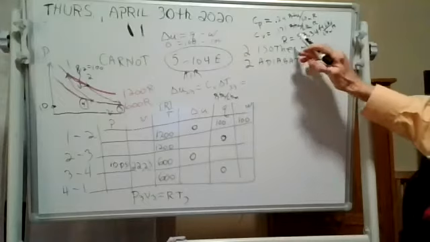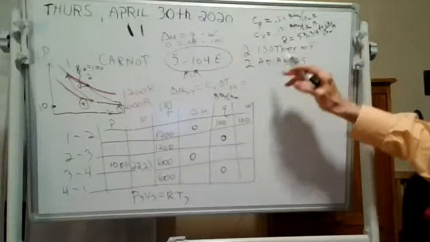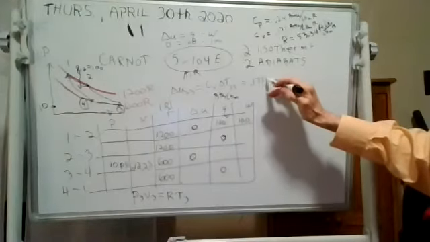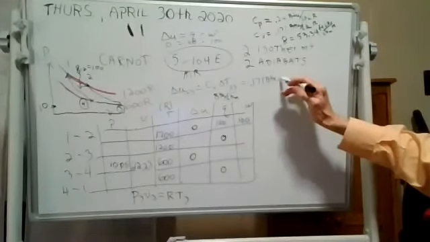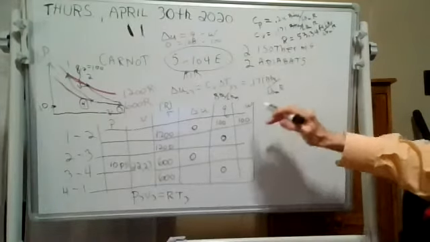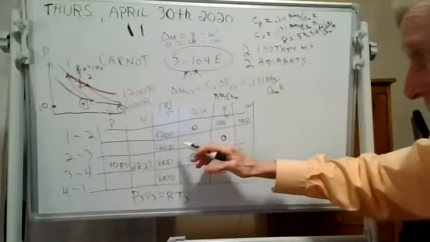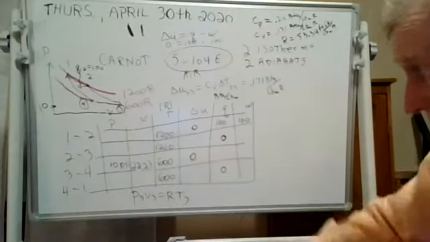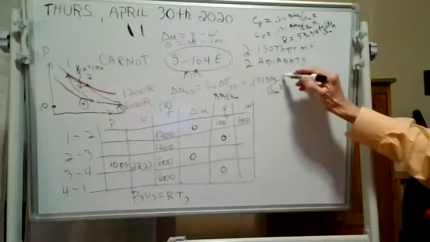Well, CV is 0.171 BTUs per pound mass Rankine. But what's the change in temperature from 2 to 3? And looks to me like negative 600. What do you think?